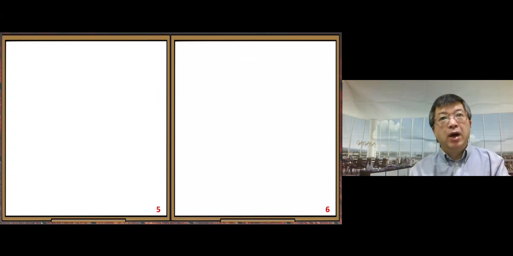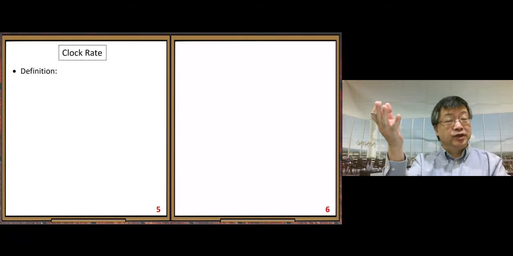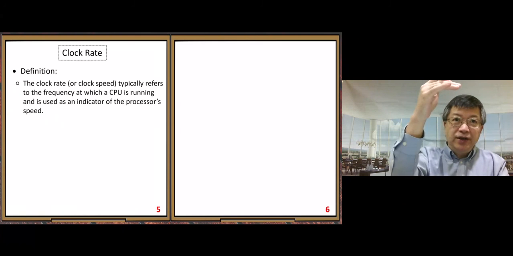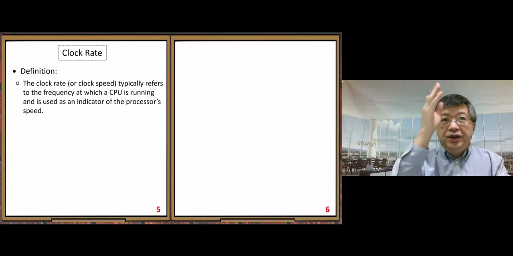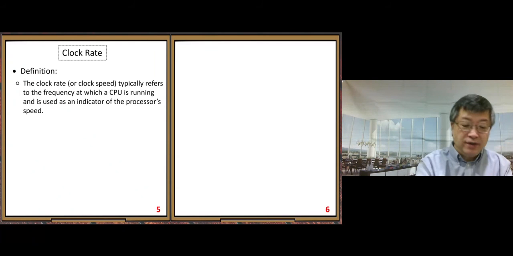Next, another important concept: clock rate. The definition is pretty straightforward. The clock rate, or clock speed, typically refers to the frequency.